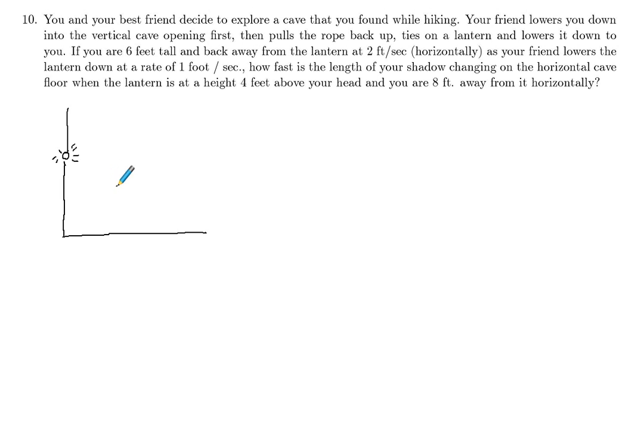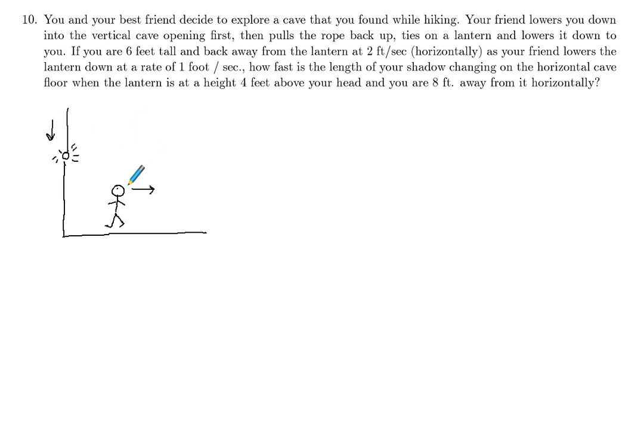You are here, watching that lantern come down, but you are also backing up here. So you're moving this way as that lamp comes down, and the lamp is moving down this way. So that's what's going on.